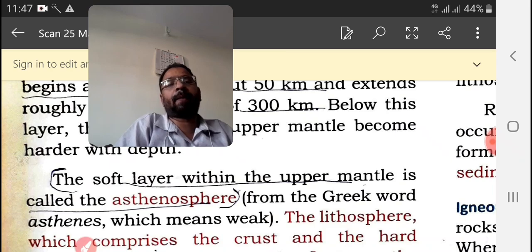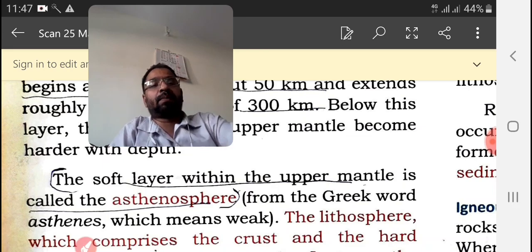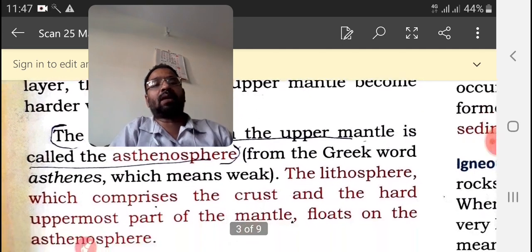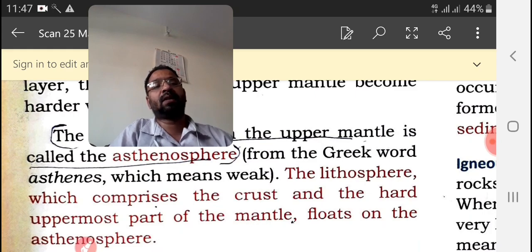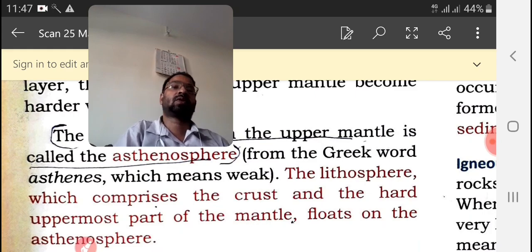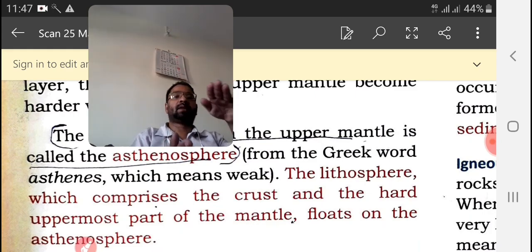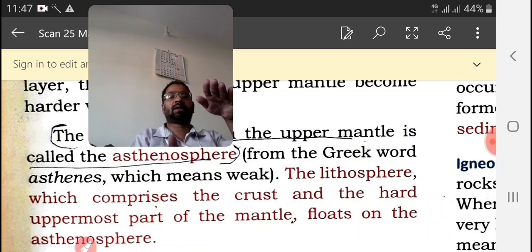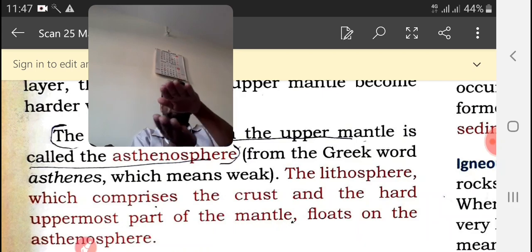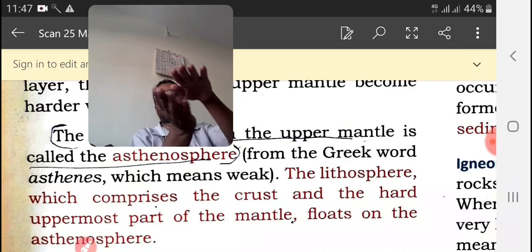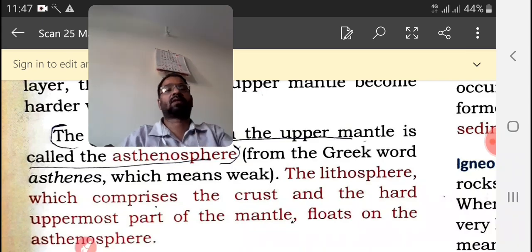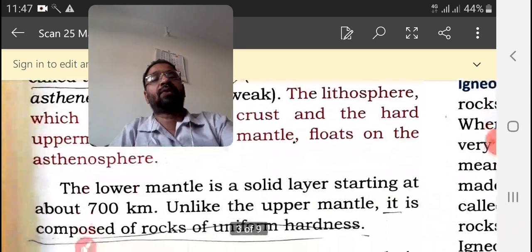And the lithosphere, which comprises the crust and the hard uppermost part of the mantle, floats on the asthenosphere. So the upper part of the mantle is hard rock. This hard rock floats, slowly moving, on the asthenosphere. It is a continuous movement.